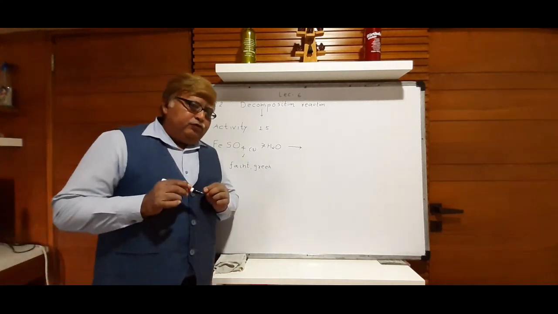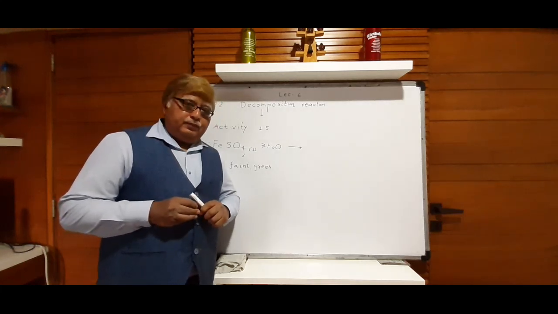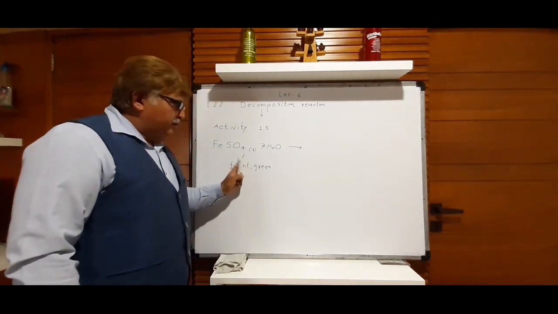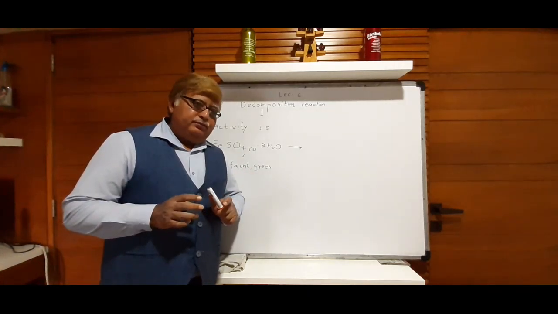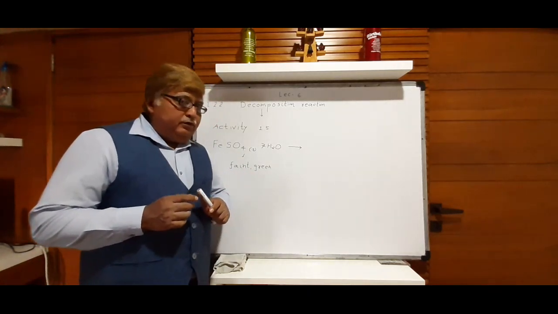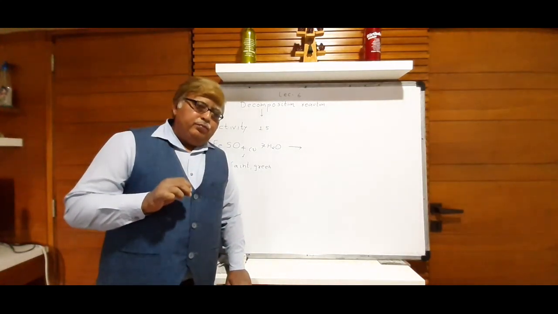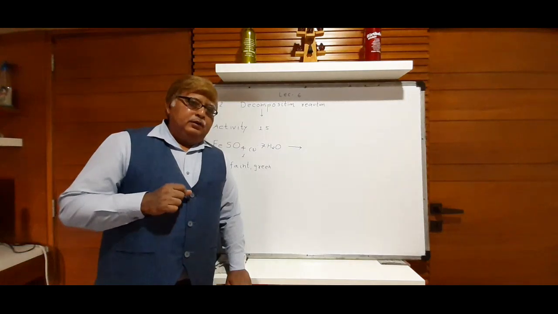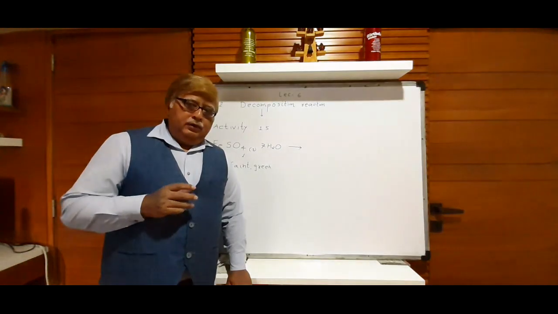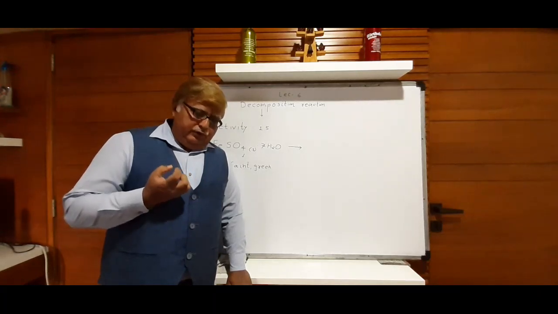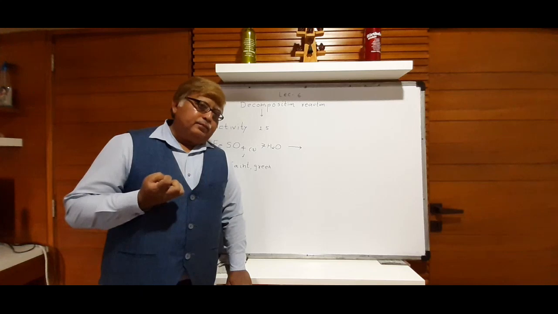Within a short period of time, the faint green color of the ferrous sulfate crystals turns into little reddish brown. Not only that, at the same time you will also feel some pungent smell.